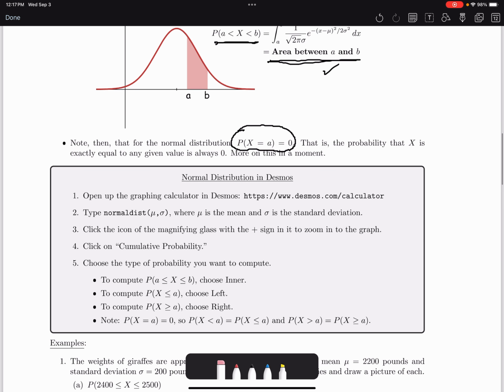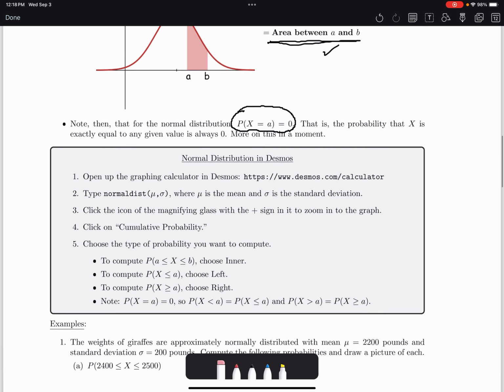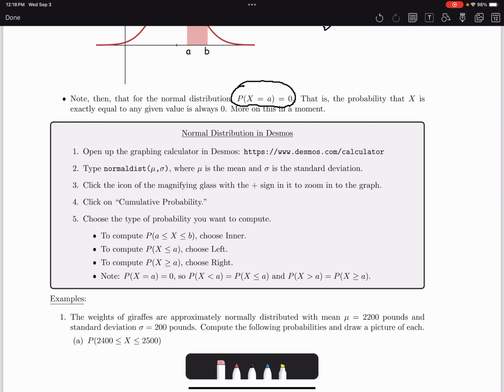That has some consequences when it comes time for us to compute probabilities in Desmos, and we'll talk about them as we come across them. But here's how we're going to compute normal probabilities in Desmos. We're going to open up the graphing calculator in Desmos just like we did for the binomial distribution.